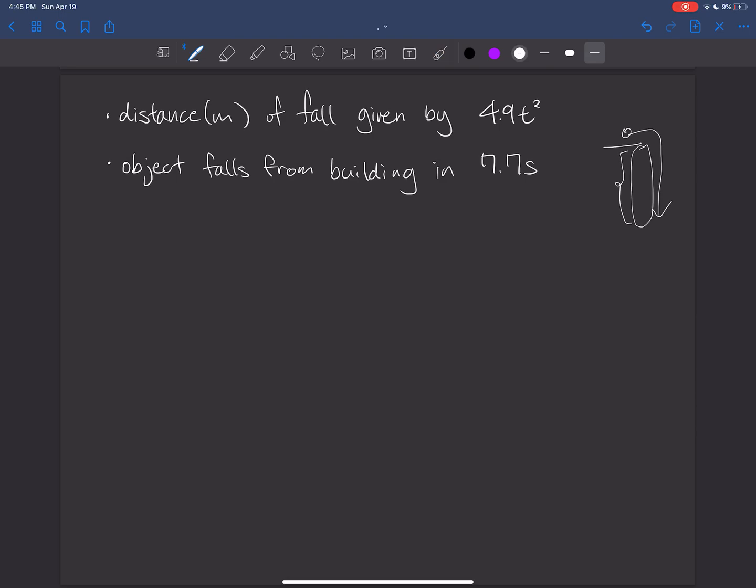So we know that the distance, let's call it d, is given by 4.9t squared. And this t is given here, 7.7 seconds. So that would be 4.9 times 7.7 squared.